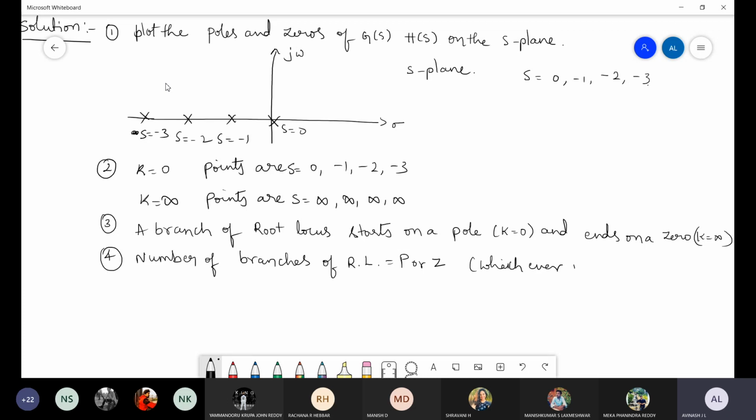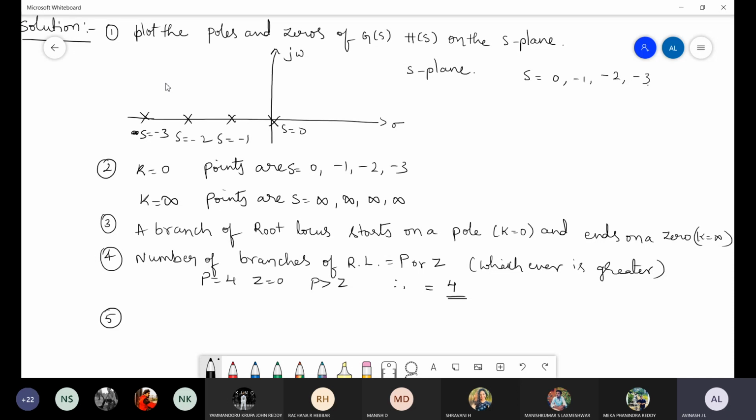We know that P equal to 4 and Z equal to 0. So P is greater than Z. Therefore, the number of branches is equal to 4.